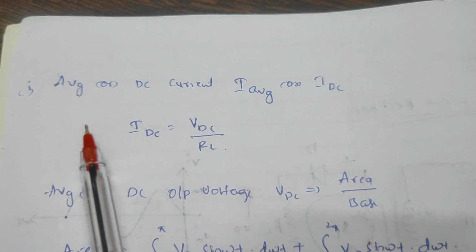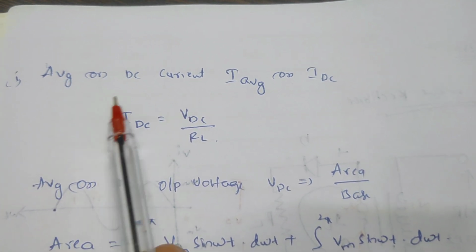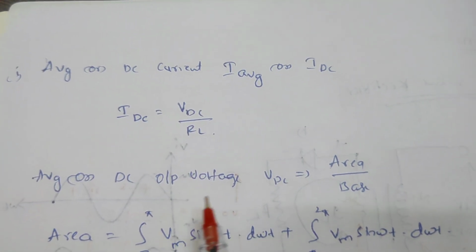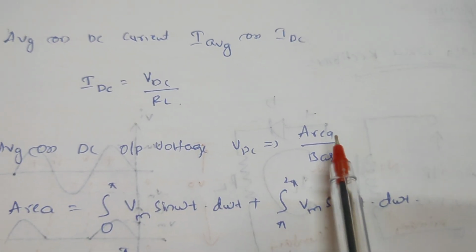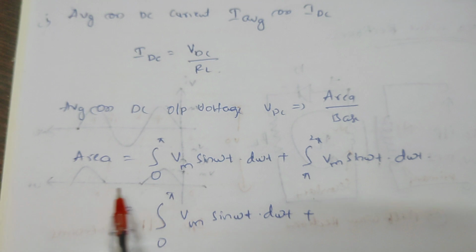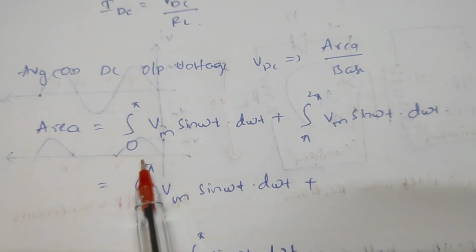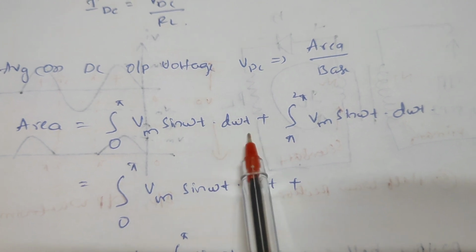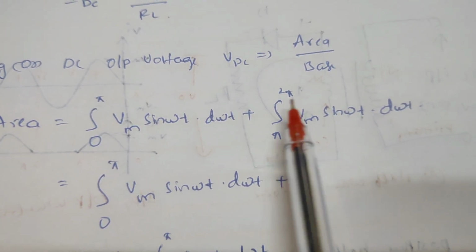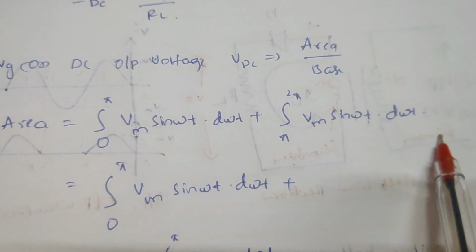First of all, I am calculating the average DC output voltage. The average DC output voltage is nothing but the total area divided by the base. The area is the integral from 0 to pi of Vm sin omega t d omega t, plus the integral from pi to 2 pi of Vm sin omega t d omega t.